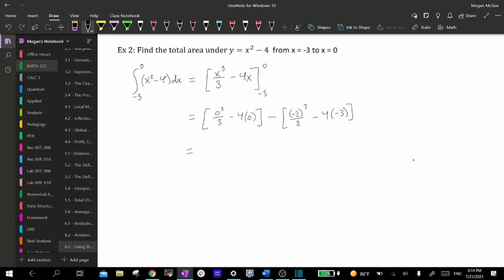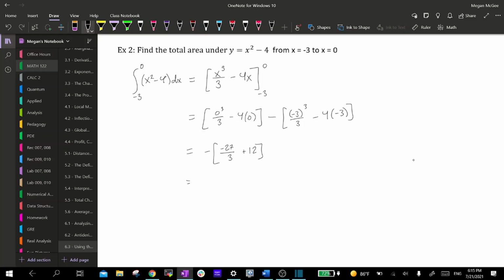All right, so everything in our first set of brackets is 0. So we end up with negative everything in our second set of brackets. So -3 cubed is -27 divided by 3. And -4 times -3 is +12.